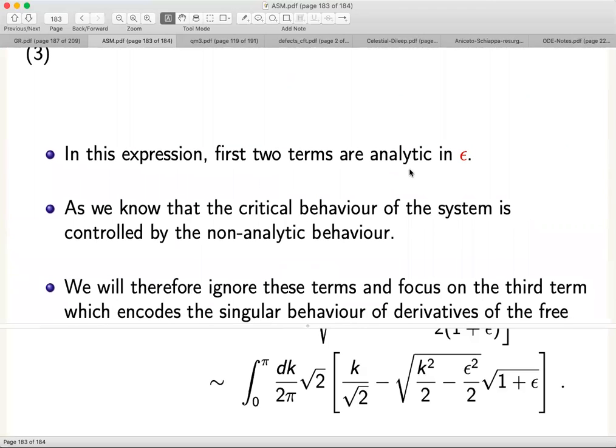Typically in the critical phenomena language, terms which are analytic are called non-universal. In other words, it depends on which system you are looking at.